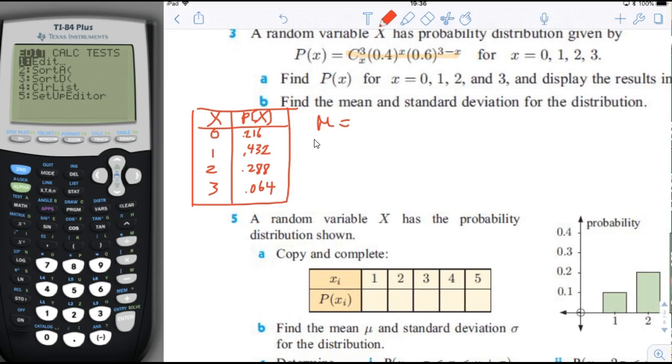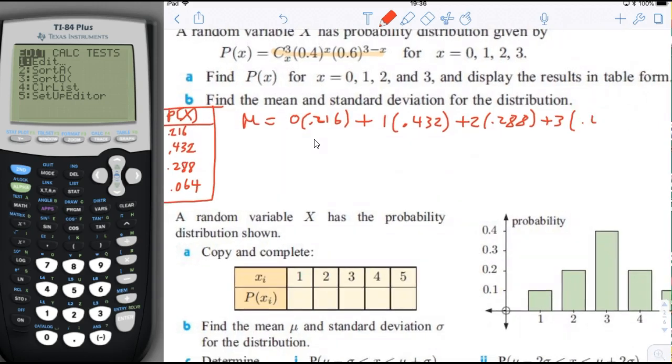The mean would be 0 times 0.216. I'm taking the x value and weighting it using the probability. Plus 1 times 0.432, and then 2 times 0.288, and 3 times 0.064. And that is equal to, okay.